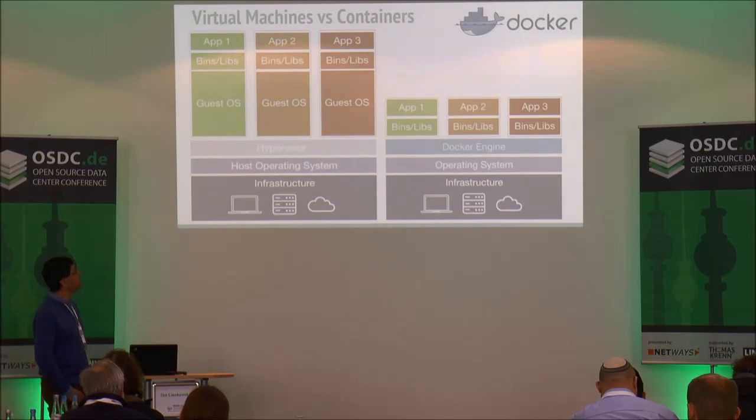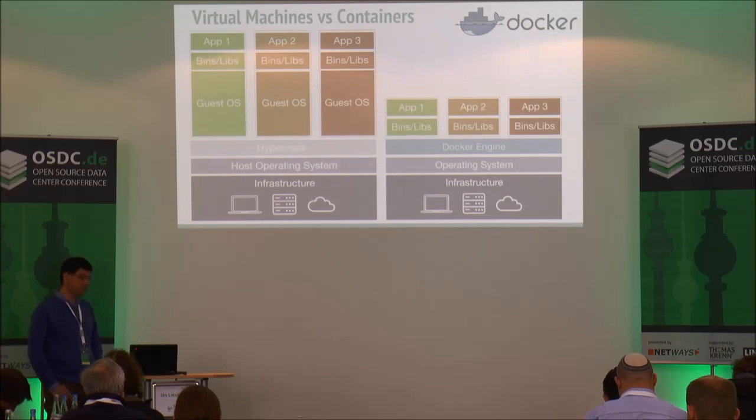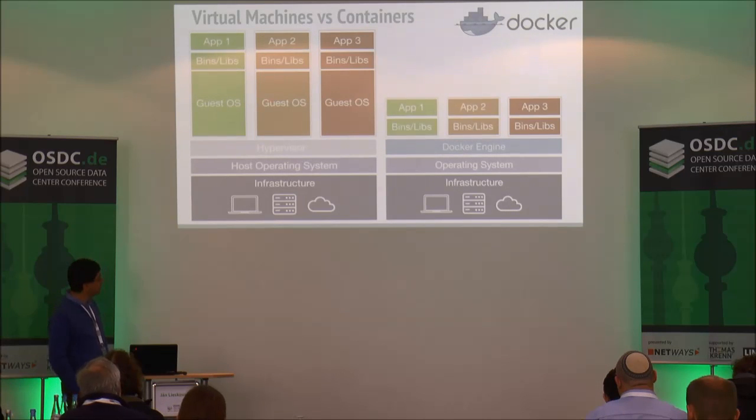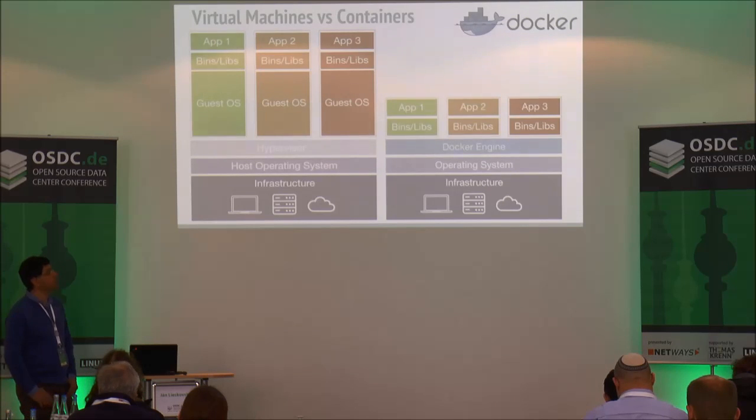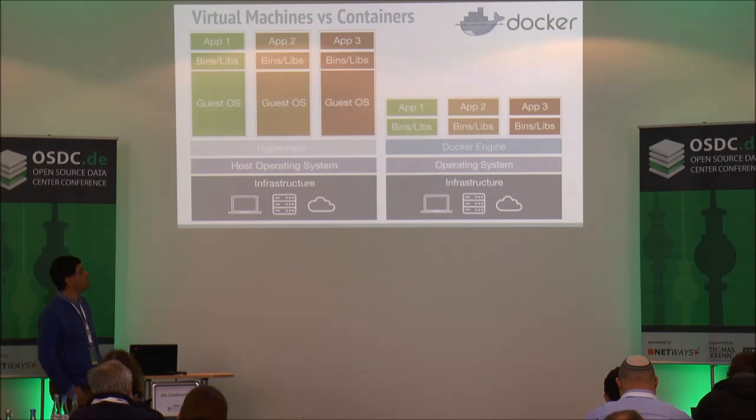They need to find an issue in the kernel of the guest operating system, then exploit in the hypervisor, and then they can actually touch the final hosting system. In Docker, you can see that it's easier because there is a missing layer.